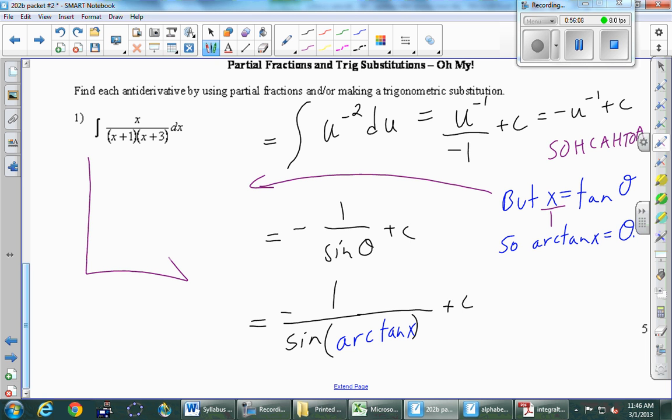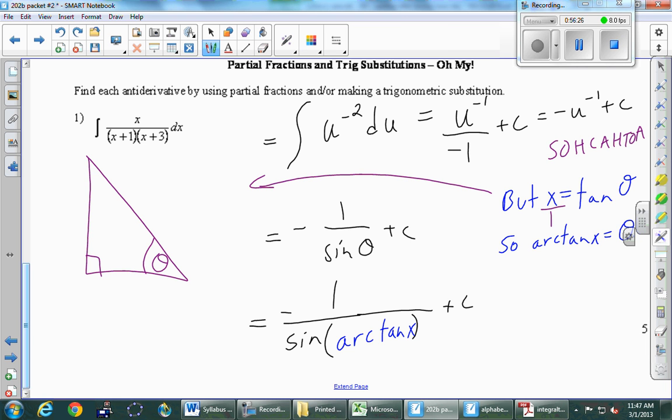So that's what we do over here. We're going to draw a generic right triangle, and we're going to put a theta in there. And then you guys told me that tangent is opposite over adjacent.